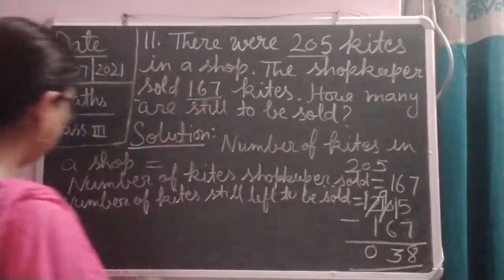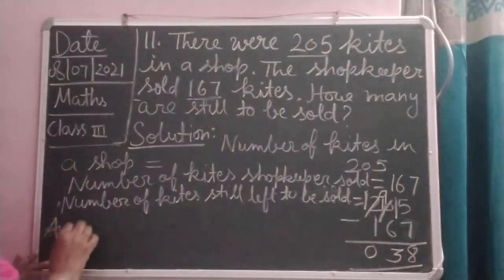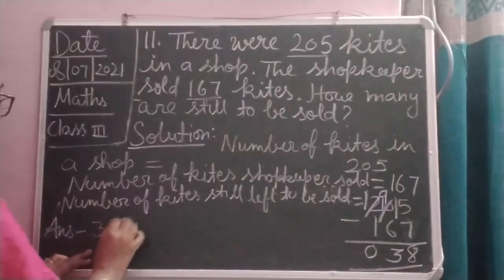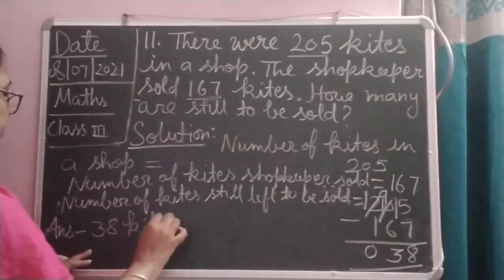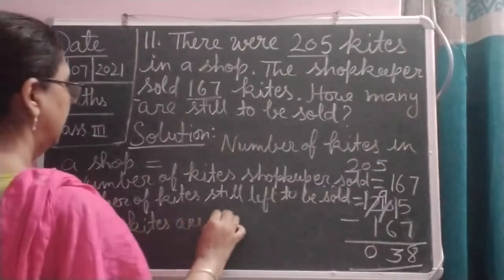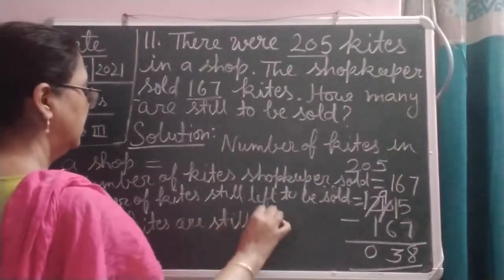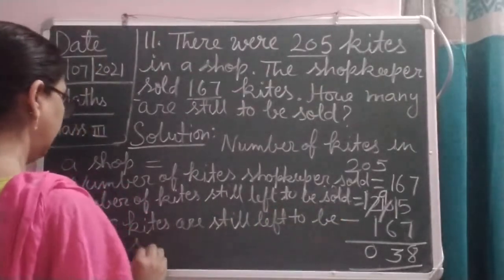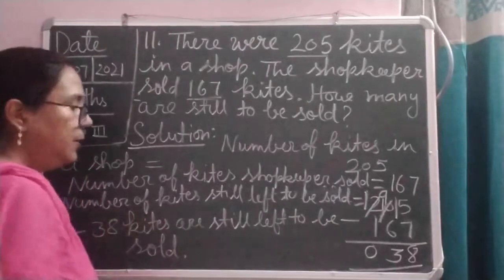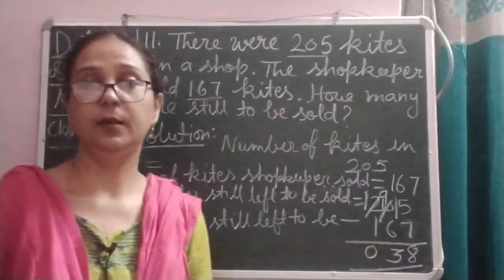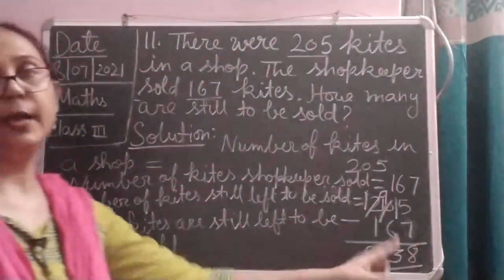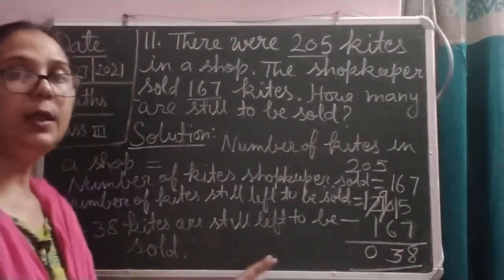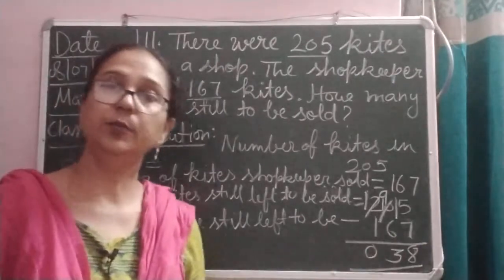So total answer we will write, answer: 38 kites are still left to be sold. यानी इतनी काइट अभी भी बच गई हैं बेचने के लिए. So 38 kites are left in the shop. So the shopkeeper has only 38 kites to be sold.